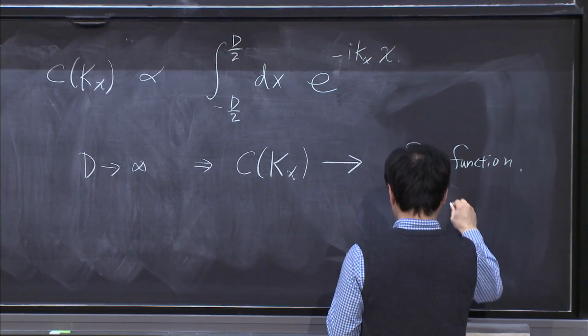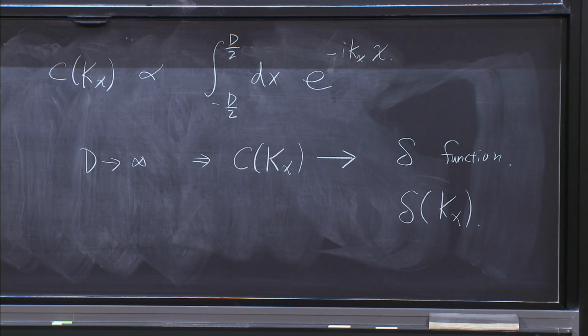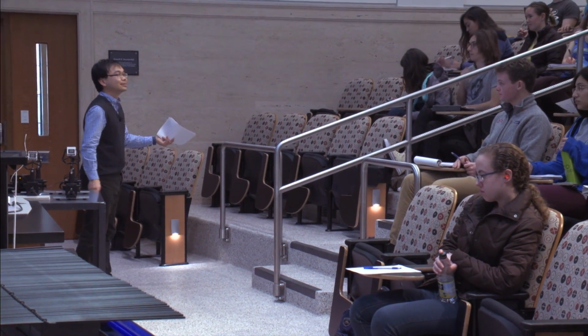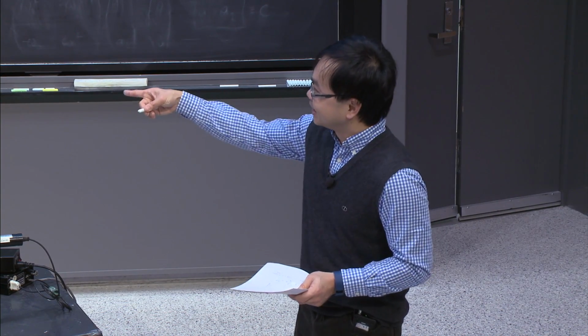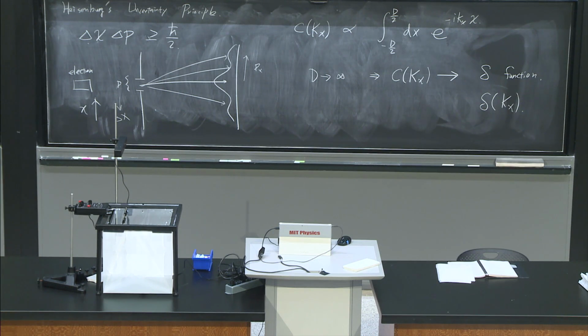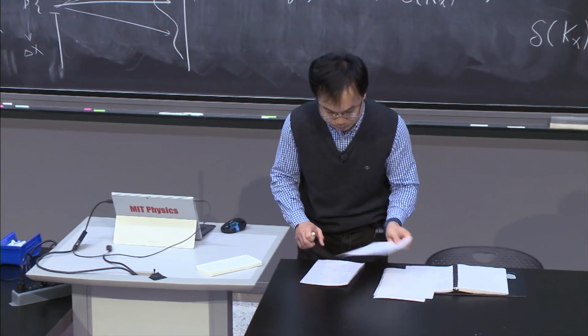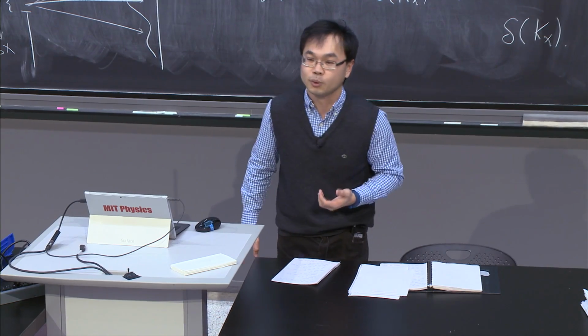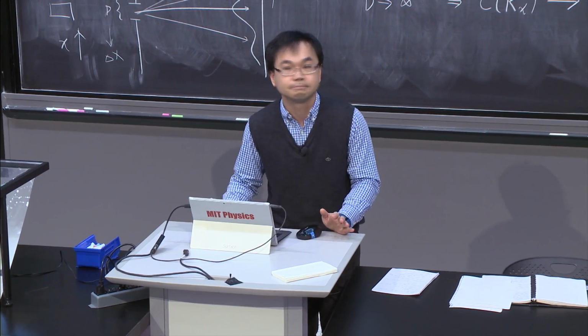This delta function is delta of kx. So that means if you have absolutely no idea about the position of the electron, you get very precise information about the momentum in the x direction, which is equal to 0, because the delta function is only non-zero at kx, the direction of propagation, equal to 0. Any questions so far?